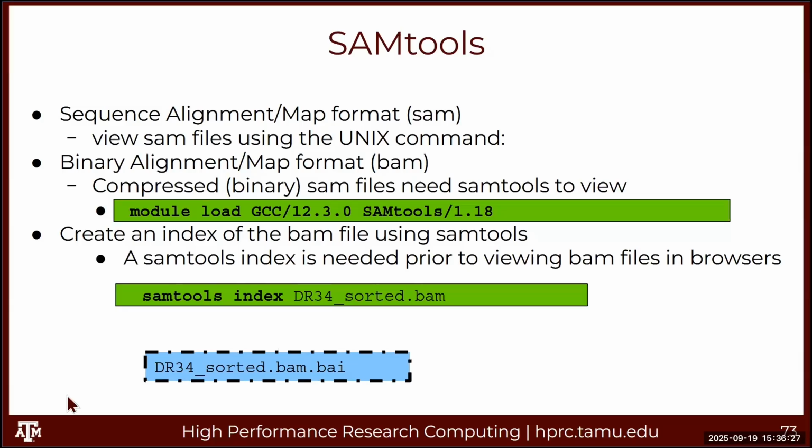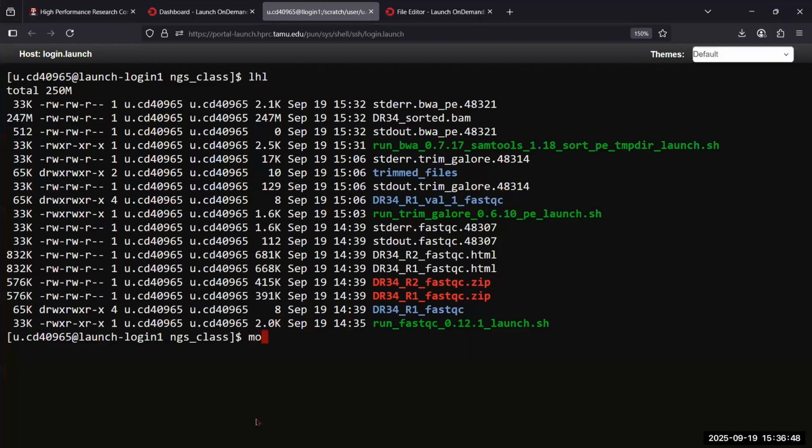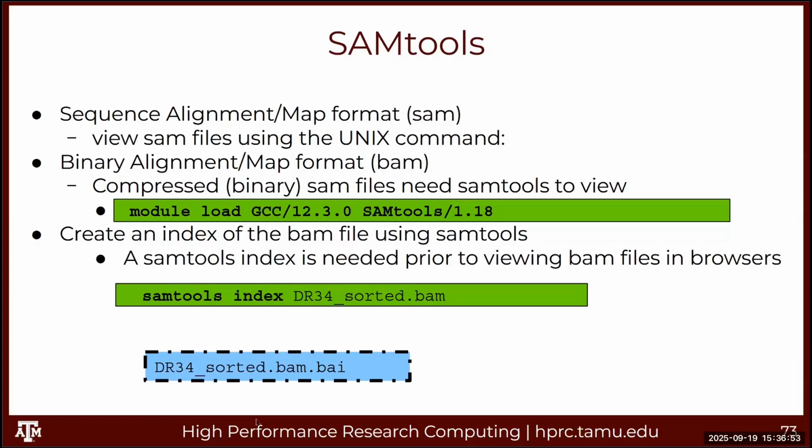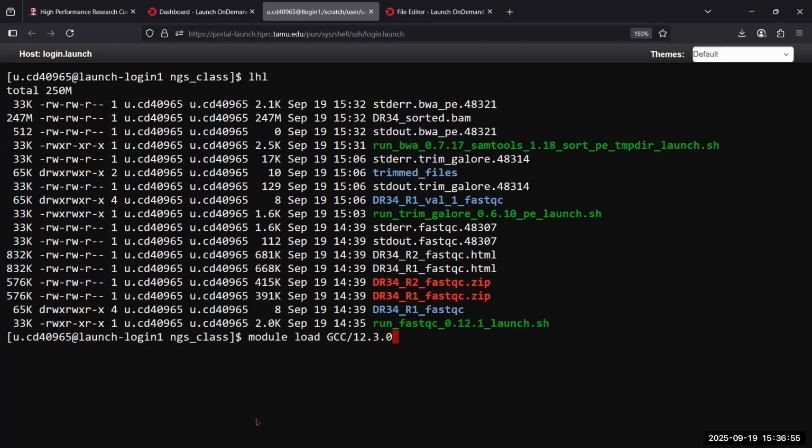Okay, we need to use SAMTools to view the BAM file. What's in the BAM file? We can view a little bit of information. It's interesting. You need to see this. And we're going to do this, and then we're going to go to the next step right quick. We'll have to skip a few slides. So load this module, load SAMTools, GCC. Okay.